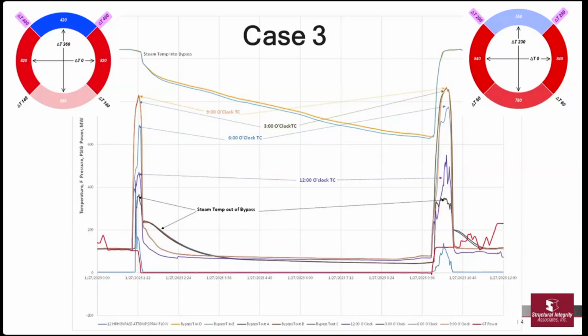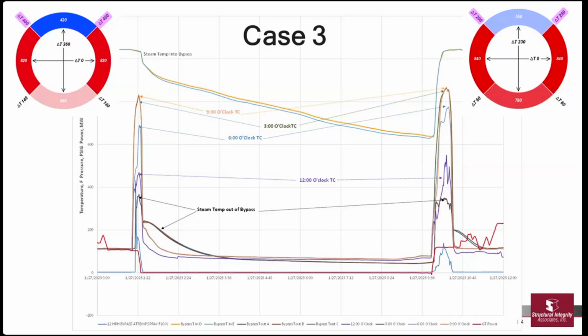You can see the steam temperature out of the bypass is from the thermal wells that are located well downstream of the bypass, and the thermocouples are the ones that are very close. So if you're just relying on the plant instrumentation, you're going to miss considerably the peak temperature spike that occurs, and you're not going to get any information on the temperature distribution around the pipe.